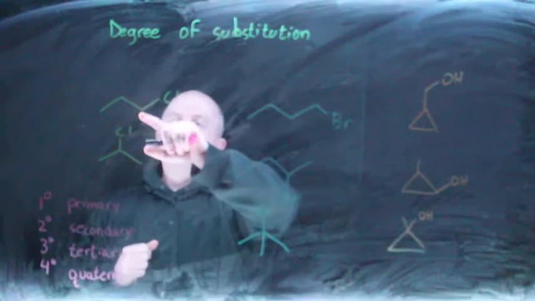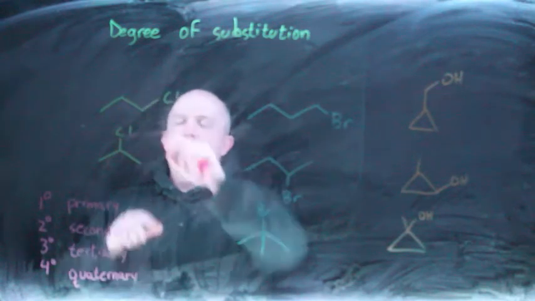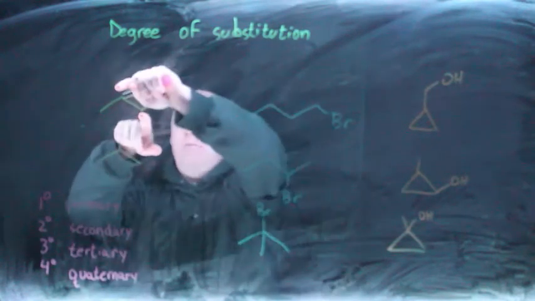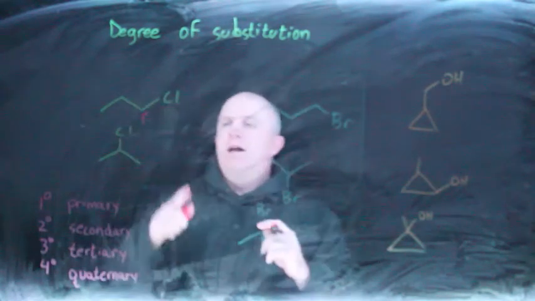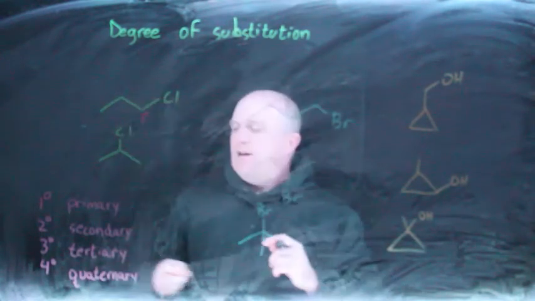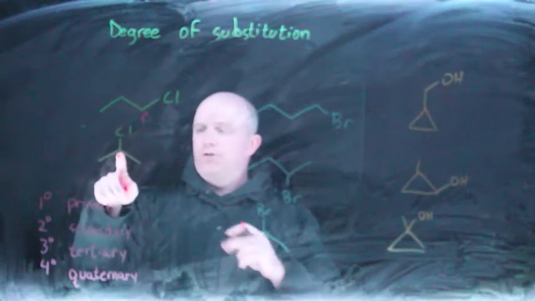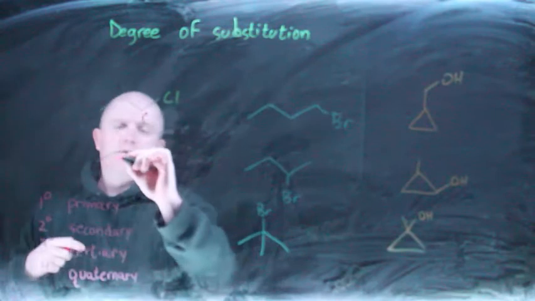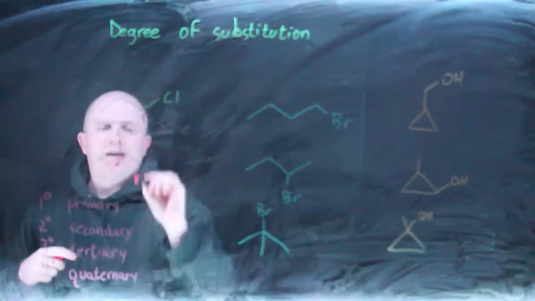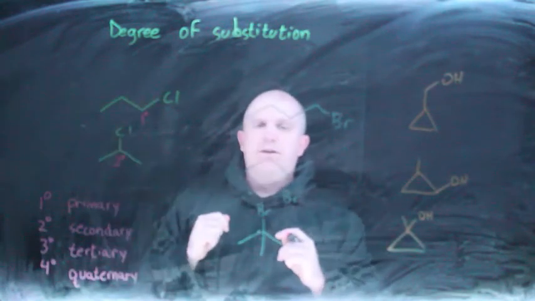Or likewise, you have this chlorine bound to this carbon, and this carbon has one carbon bound to it, so this is a primary carbon, and that is a primary chloride. If you have a carbon that has two other carbons bound to it, then that is a secondary carbon, and so we would call that a secondary carbon and a secondary chloride.